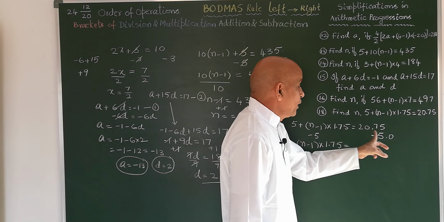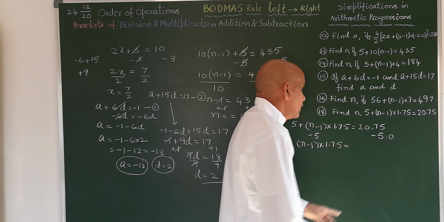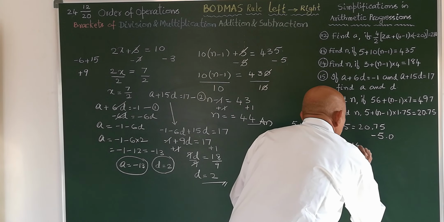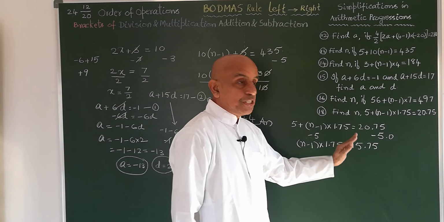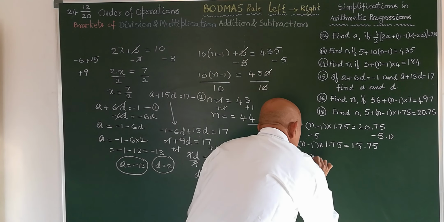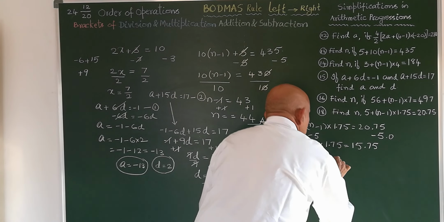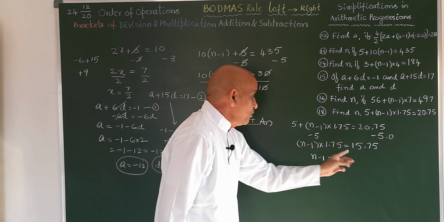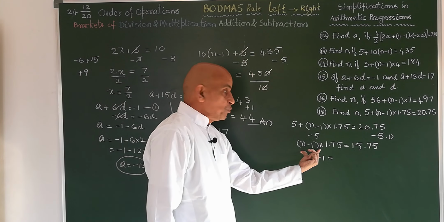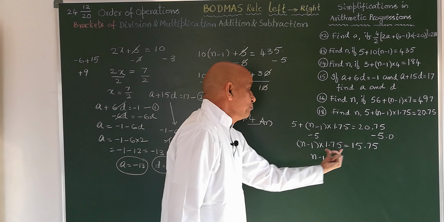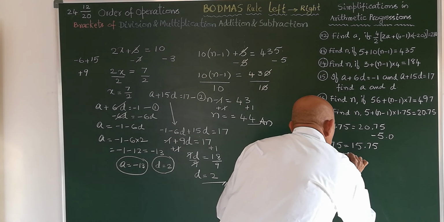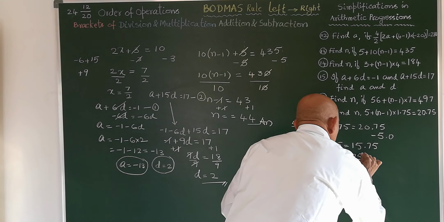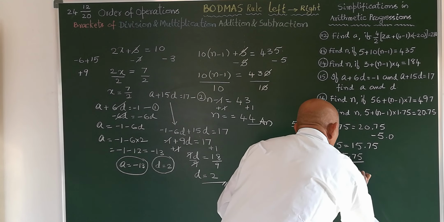So from 20 rupees, if you take out 5 rupees, it becomes 15 rupees and this 75 paise will be as it is. Then n minus 1, now 1.75 is multiplied with n minus 1. So this 1.75 is divided on both sides. So this becomes 15.75 divided by 1.75.